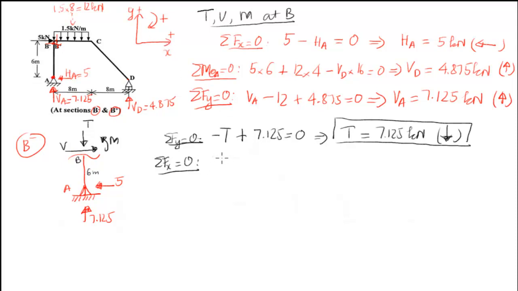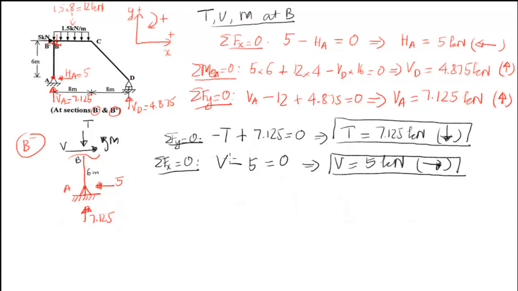So V gonna be positive V, and 5 goes to the left, so negative 5 equal to 0. So therefore, quick and easy, right? So V equal to 5 kilonewton, and this is a positive value, so V goes to the right. Okay, so one value for V.